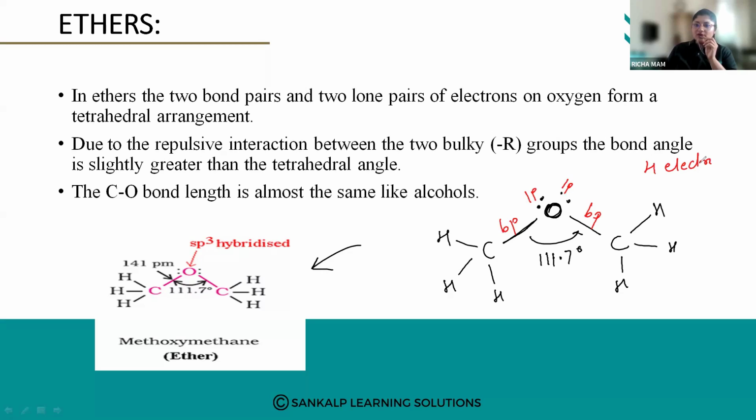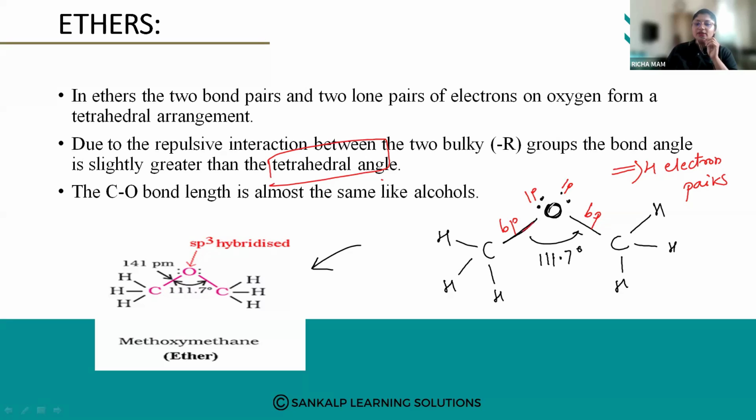So around the oxygen atom, what do you have? You have 4 electron pairs, that is 2 bond pairs and 2 lone pairs. And these are arranged how? They are arranged in a tetrahedral manner. Why?